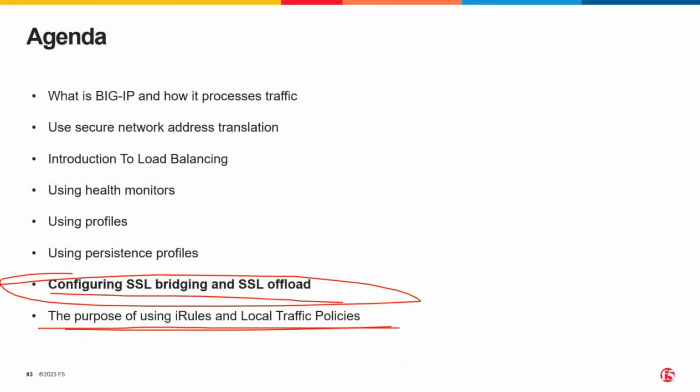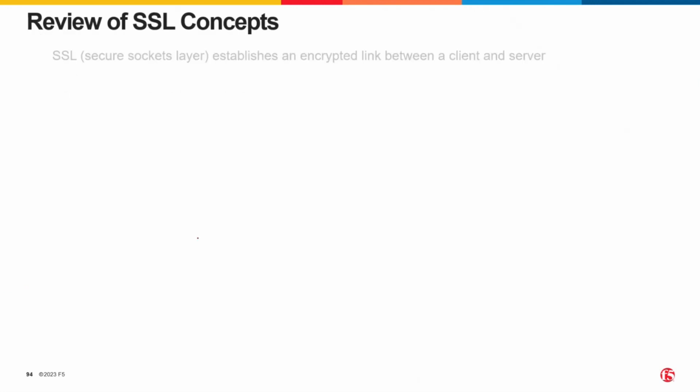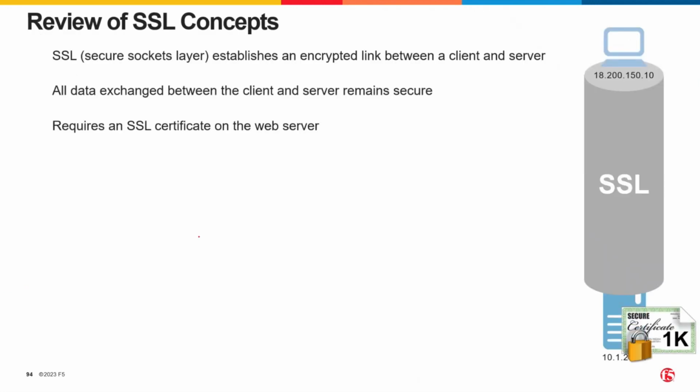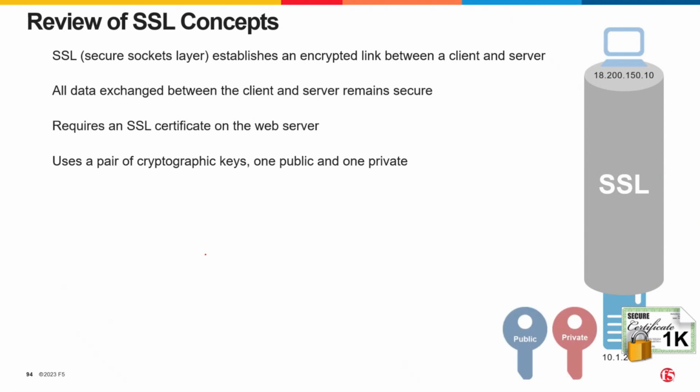Let's start the last part for today's meeting, which is handling encrypted traffic, configuring SSL bridging and SSL offload. What is that exactly? I think that you all have some knowledge about how SSL works and the concepts of SSL. We are trying to encrypt the traffic to make it more secure, of course, right?